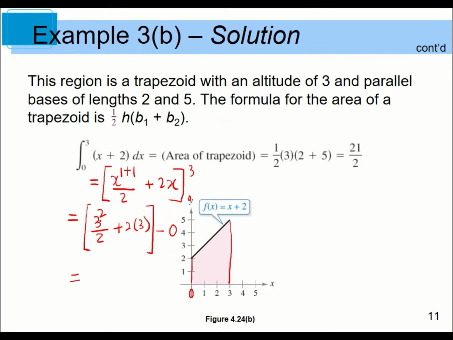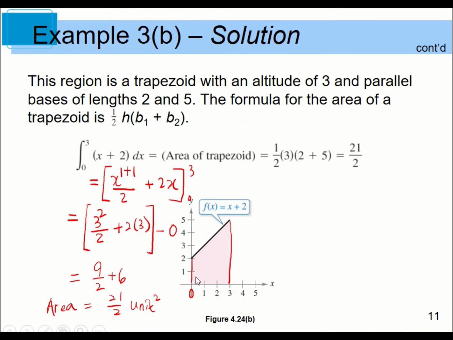Solving this, we get 9 over 2 plus 6. Actually, we have 9 over 2 plus 12 over 2, we get 21 over 2 units square.